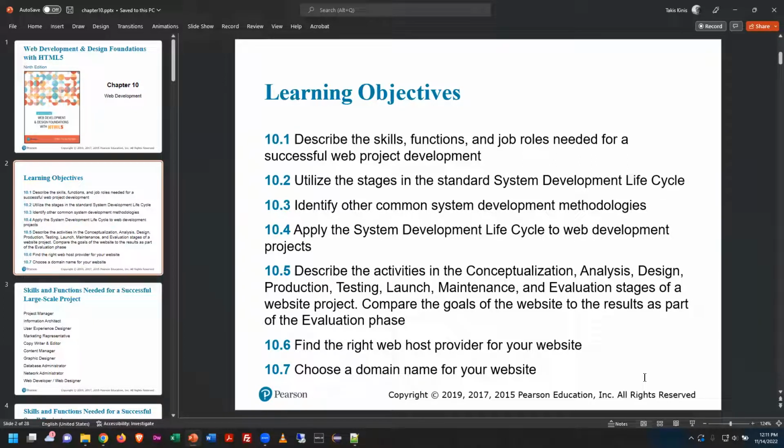And then we also look at some higher level concepts that you don't often contend with until you get out into the field, but they are really important, and that is looking for hosting and domain names for a website. And when you work with a real project, those are often some of the first things that you look at. And so that's what this chapter is largely about, the process of web development is a good way to look at it.